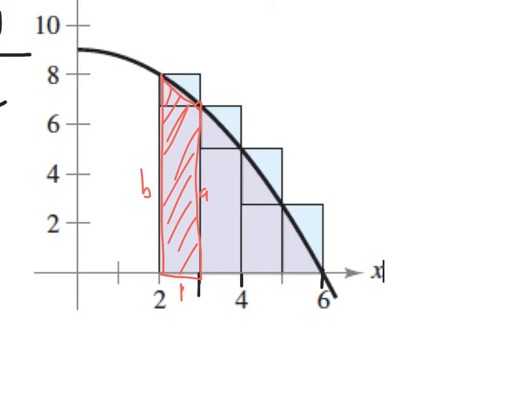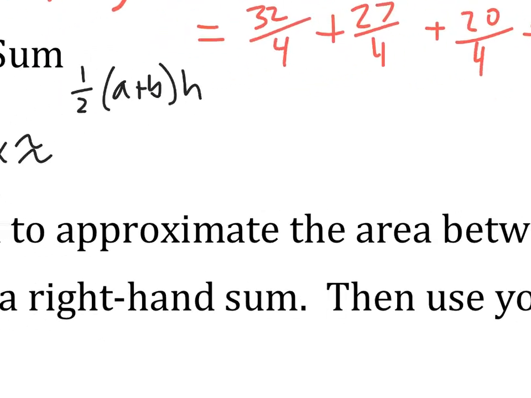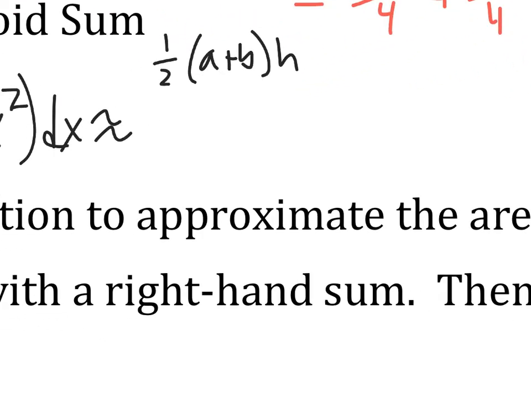So the bases will be the two f values, and then the 1/2 can factor out. If we write them all out, we get 1/2 times f of 2 plus f of 3, times 1. I'll fast forward here.